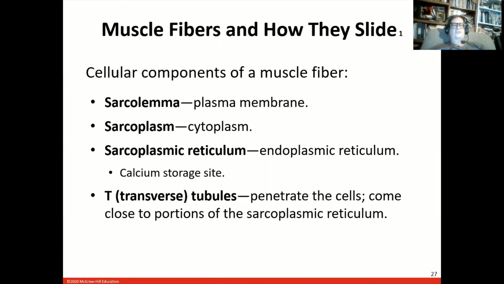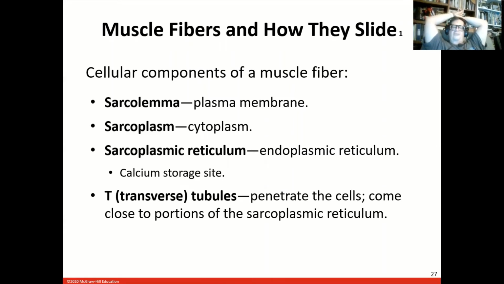All right. So sarco, remember, it's Latin for flesh. Okay. So a sarcolemma, that's your plasma membrane. Yeah, of course, they have to rename everything. Your cytoplasm in a muscle, it's got a new name. It's a sarcoplasm.